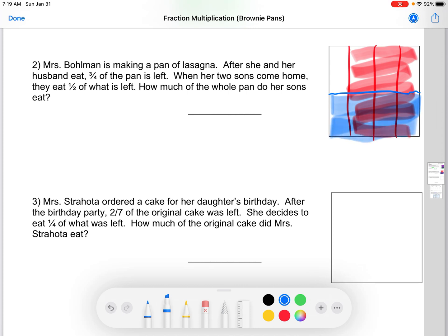But what we want to do is key in on which ones are double shaded. And that's 1, 2, 3. I'm just going to use that as my fraction: 3 out of the 1, 2, 3, 4, 5, 6, 7, 8 pieces. So they ate 3/8 of the lasagna.